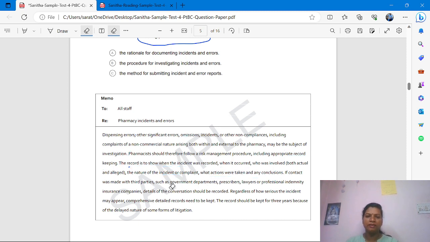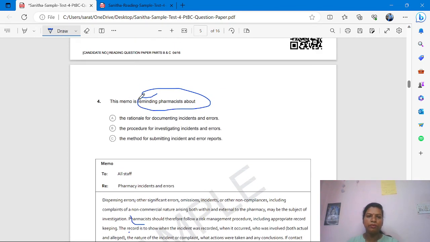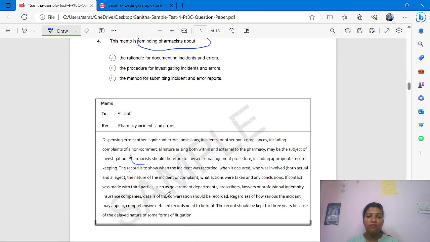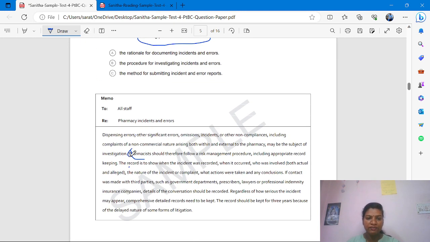See what the paragraph is saying. We know the question: the memo is reminding the pharmacist about what? The pharmacist should therefore follow a risk management procedure, including appropriate record keeping.